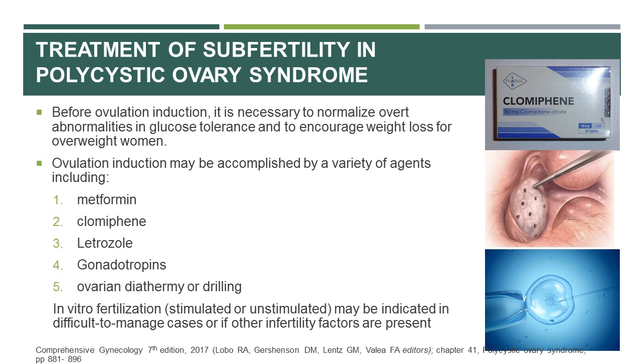Adjunctive measures include the use of dexamethasone, dopamine agonist, thiazolidinedione, and various combinations of these options, although today, these agents are rarely used. IVF, stimulated or unstimulated, may be indicated in difficult to manage cases or if other infertility factors are present.